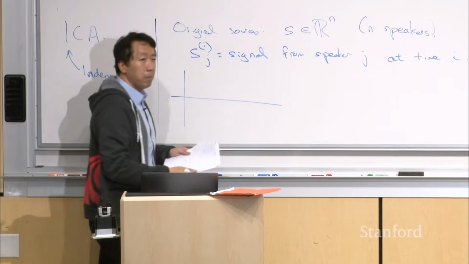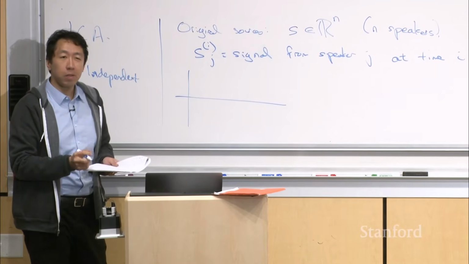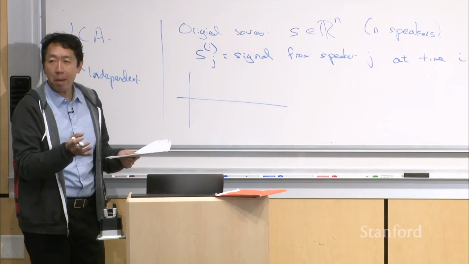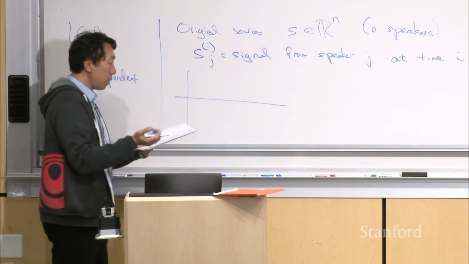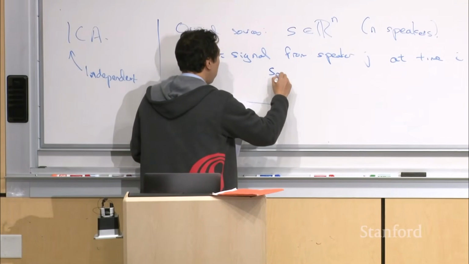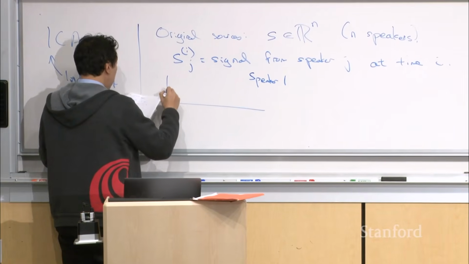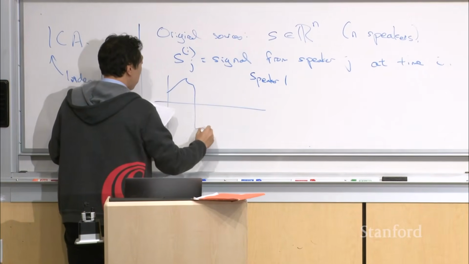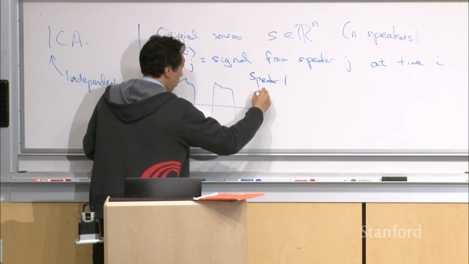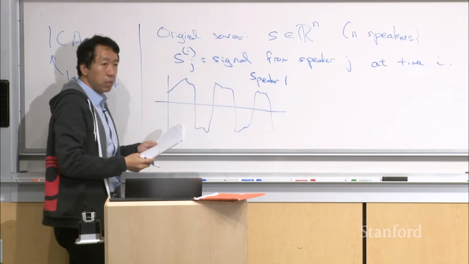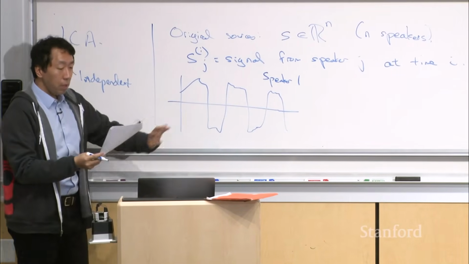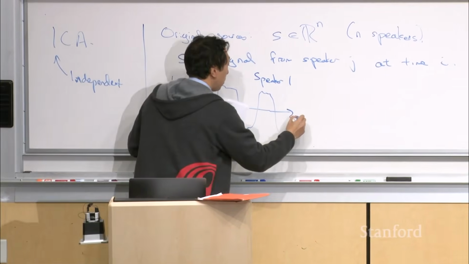Okay, and how does sound work? If you look at oscilloscope recordings of sound, or some laptop applications can plot sound, this is what sound looks like. Let's say this is speaker 1, then sound looks like periodic functions like these. Sorry, not really periodic, but this is time.